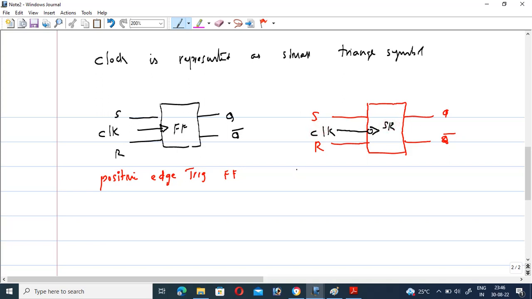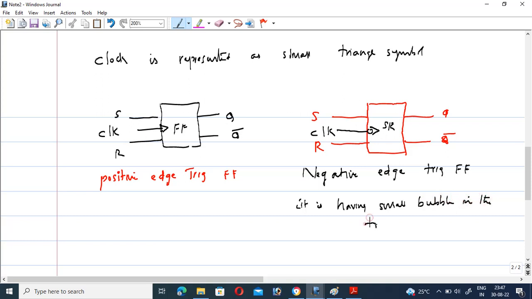It is a negative edge trigger flip-flop. Negative edge can be represented by a small bubble, so it has a small bubble at the triangle. So this is nothing but the clock concept here.